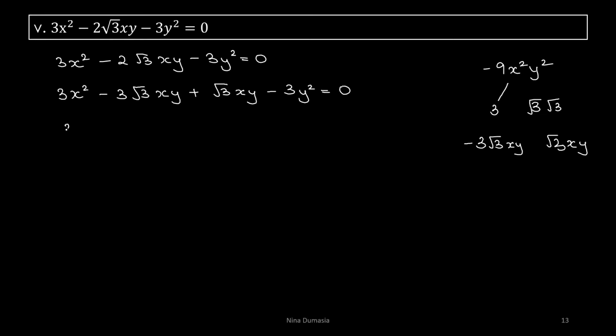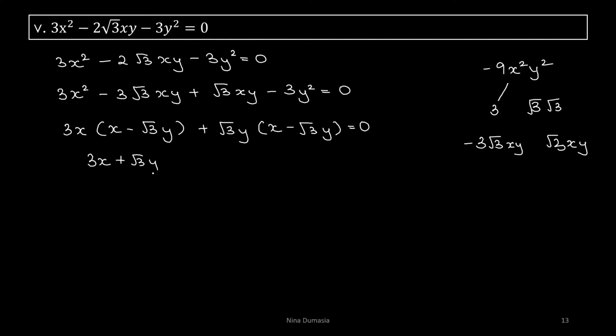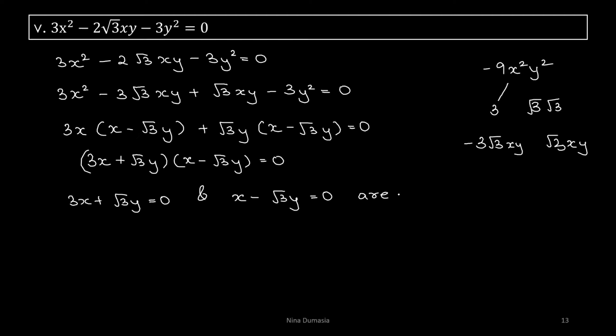Now over here I can take 3x common, so I get x minus root 3y, okay, and here I will take root 3 into y common, so I get x minus root 3y is equal to 0. Therefore, we have 3x plus root 3y into x minus root 3y is equal to 0. Okay? So, therefore, 3x plus root 3y is equal to 0 and x minus root 3y is equal to 0 are the separate equations.